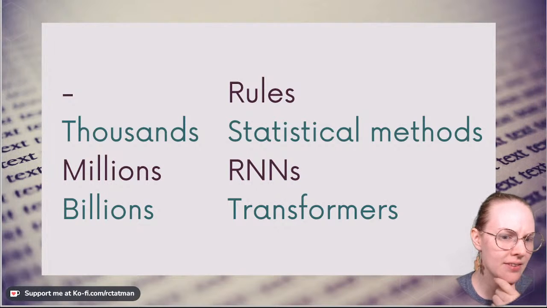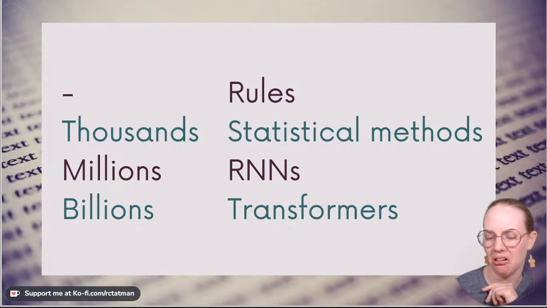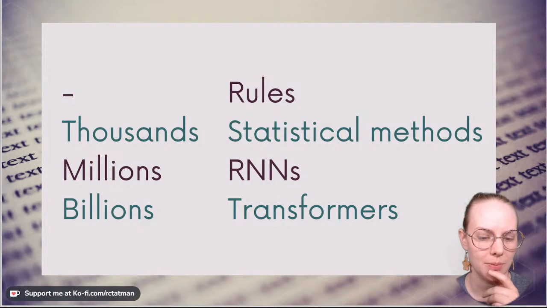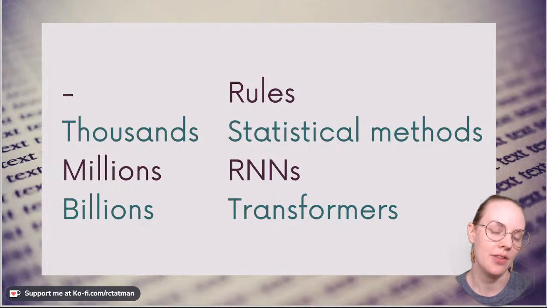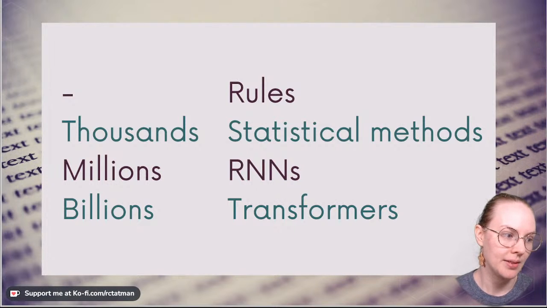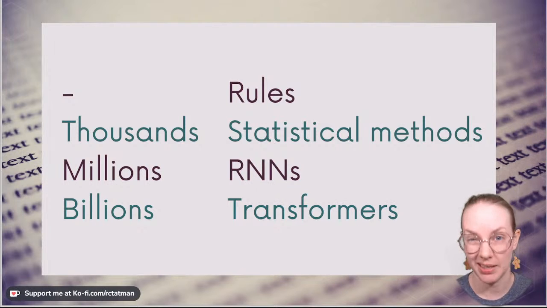I would say even things like non-deep learning word vectors and embeddings, I would call a statistical method if they're not using deep learning to train them. And for that, you need thousands, tens of thousands, hundreds of thousands, in that range number of tokens, in order to have a fairly reasonable output. They're a lot more data efficient than some of the deep learning methods. And they're also a lot more compute efficient, but they're going to be a little bit less flexible, right?